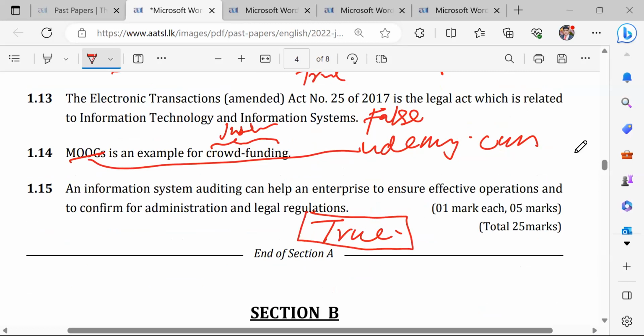In information system auditing, we are checking whether these systems comply with certain regulations, right? And potential threats we can identify from IS auditing. Then this statement is true, to ensure effective operations and to confirm administration and legal regulations.